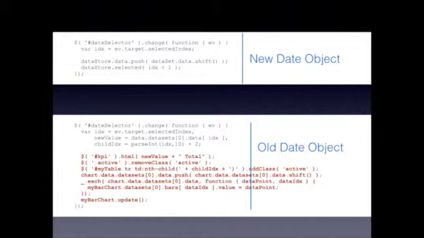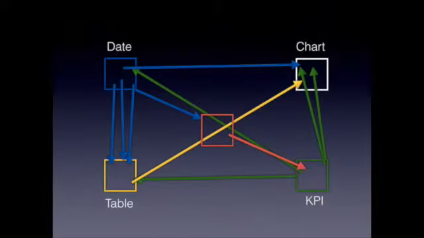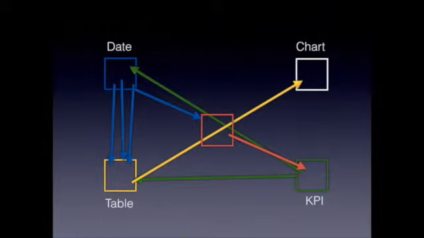It's in a separate event handler. So pushing data onto data store.data will trigger an event handler that updates the value, that updates the KPI. So that's no longer something that the date selector directly changes.